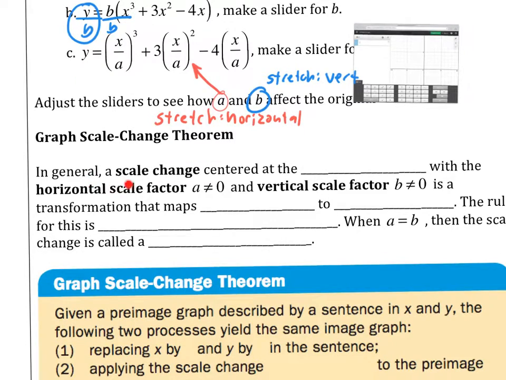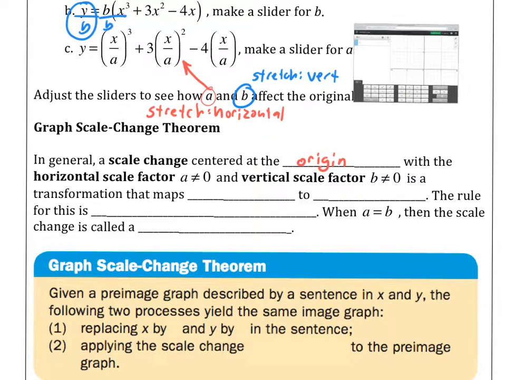So let's see. In general, a scale change, so we're stretching it or compressing it or flipping it, as opposed to sliding it like a translation, centered at the origin with the horizontal scale factor of a not being 0, because we can't divide by 0, and the same thing, the vertical scale factor of b not being 0, maps, what does it map?